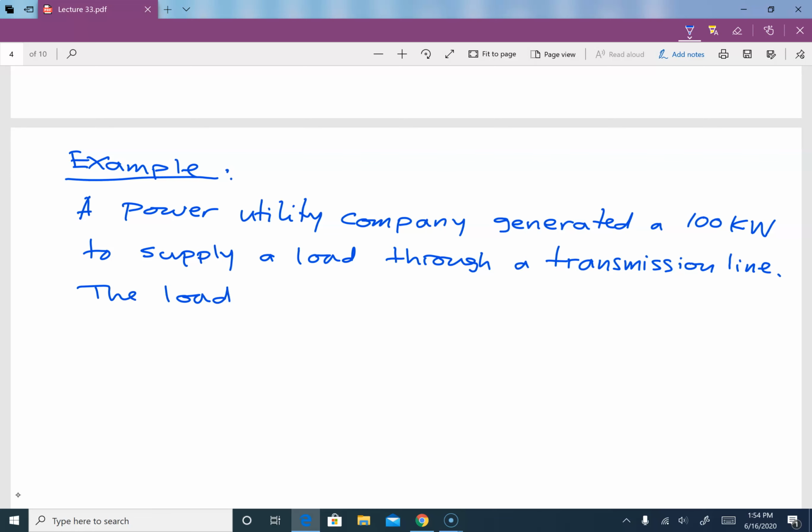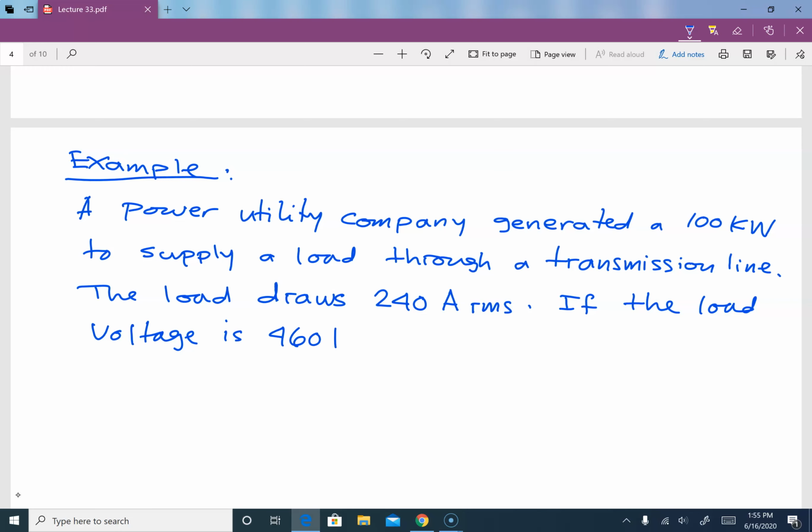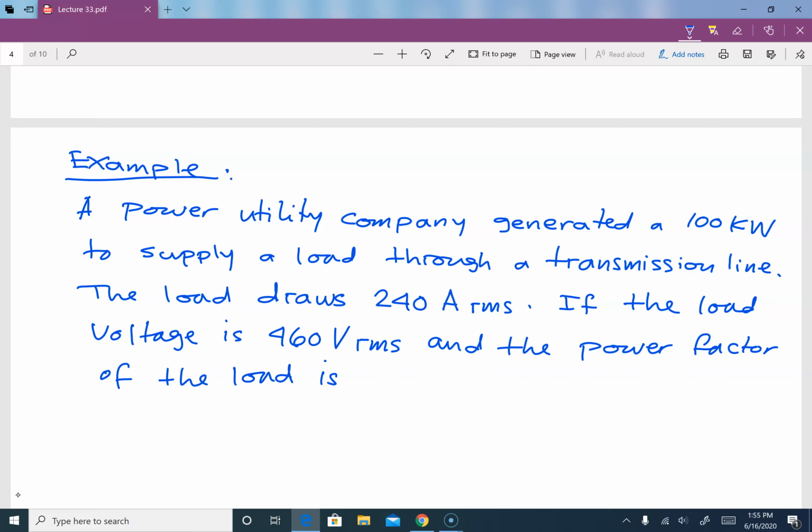The load draws 240 ampere RMS if the load voltage is 460 volts RMS and the power factor of the load is 0.9 lagging.